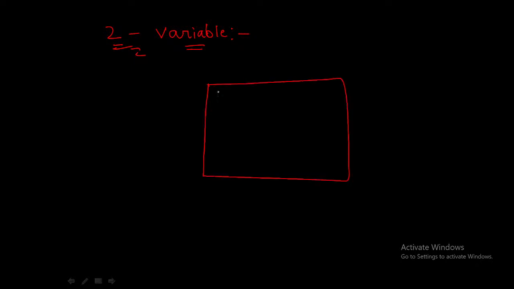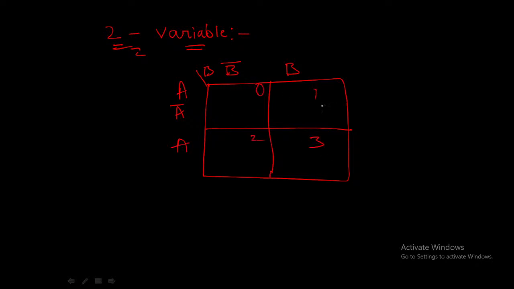What groupings are possible? Let's say this is our 2 variable K map, B bar, B, A bar, A, 0, 1, 2, 3. Now let's say here we have our minterms.